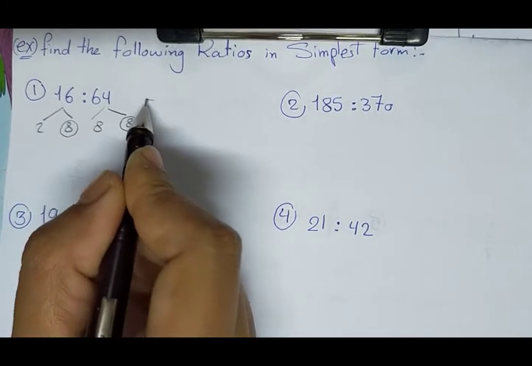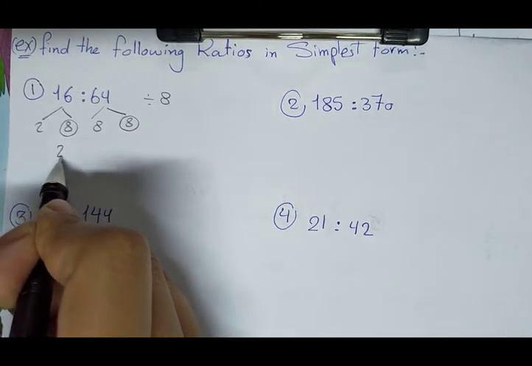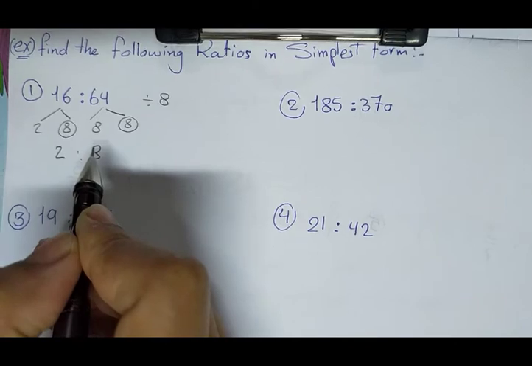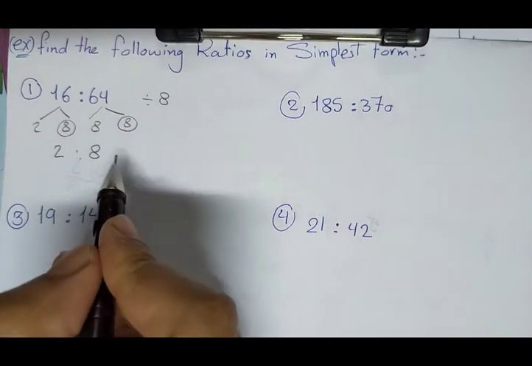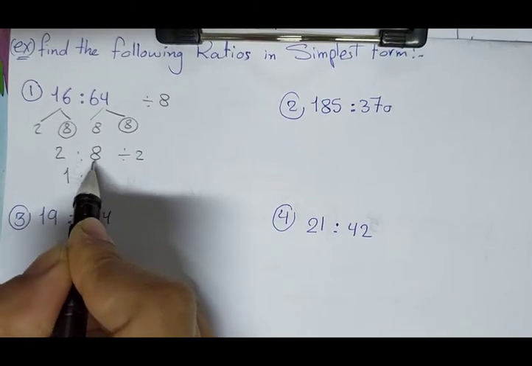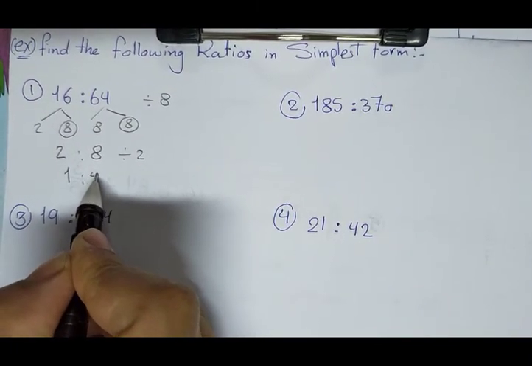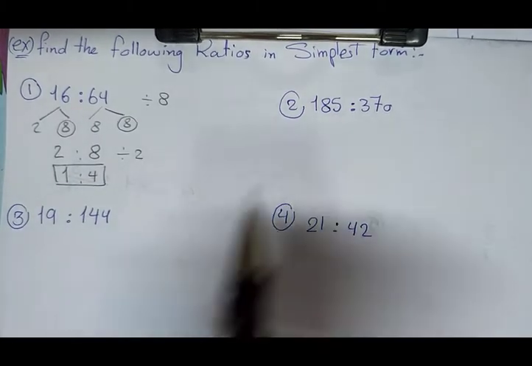Dividing by 8 gives 2 to 8. 2 to 8 are even numbers, so I can simplify by dividing by 2. 2 divided by 2 is 1, 8 divided by 2 is 4. The ratio in simplest form is 1 to 4.